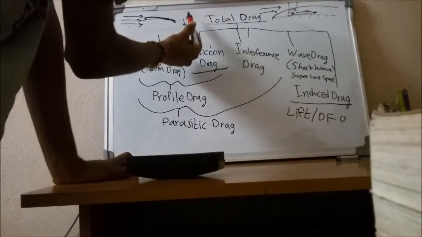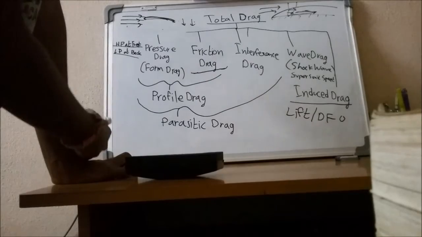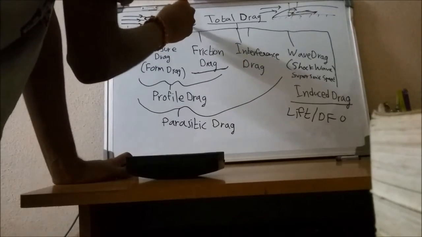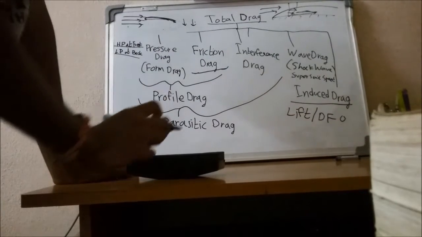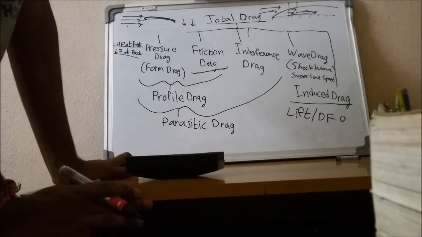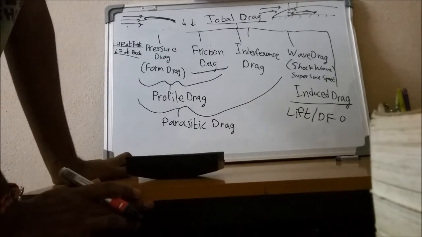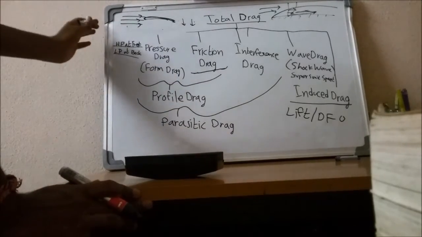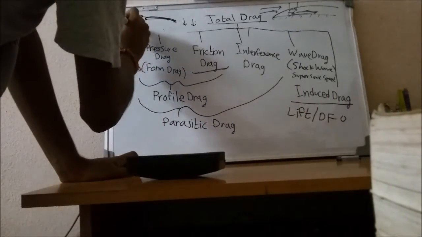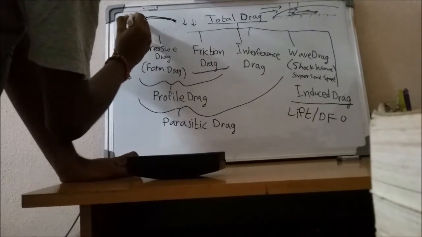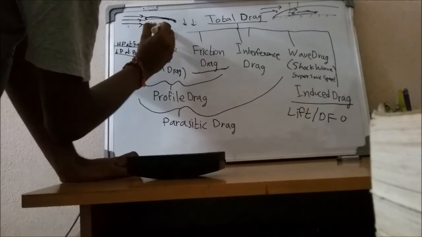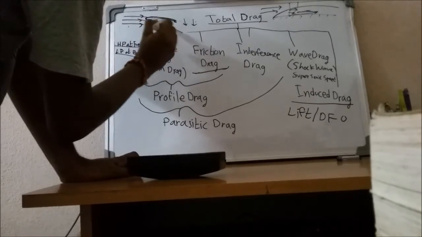This is due to the downwash created by the tip vortices. So what this downward moving air behind the wing does is modify the effective direction of the air moving about the wing. So you have velocity like this at the front and velocity like this at the front. So the resultant will be something like this.